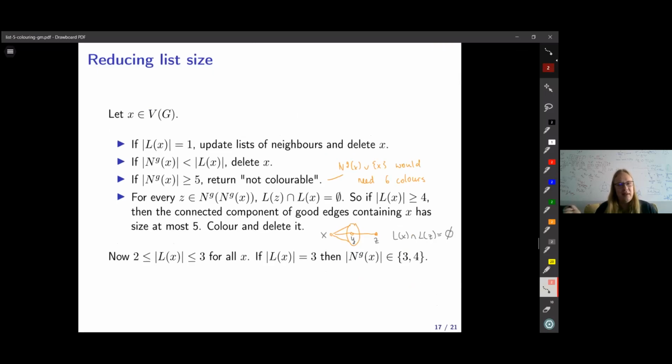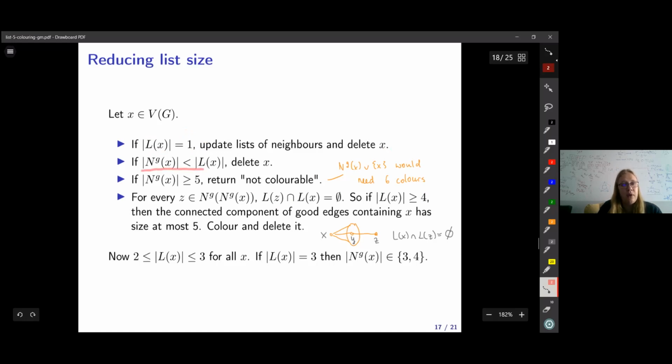Now we're going to get to details, and we're going to reduce lists. And we're going to delete vertices and try to narrow down what the graph looks like. If a vertex has list size 1, then he has one possible color. So let's give him that color, remove it from the list of his neighbors, and delete that vertex. Right?